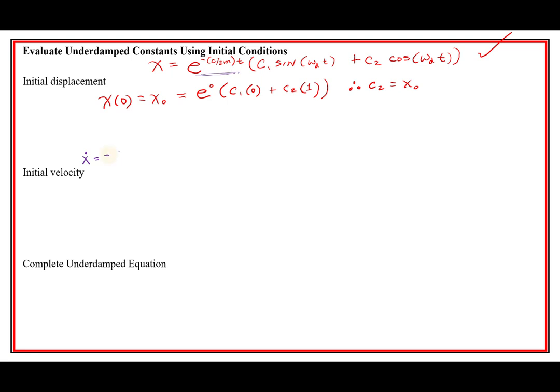So we have a negative c over 2m times e to the negative c over 2m times t, and then everything we had here: C1 times the sine of omega d t plus, and we'll go ahead and put the x naught in there because we know that to be true, cosine of omega d t.